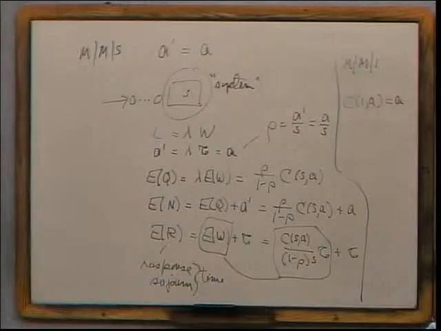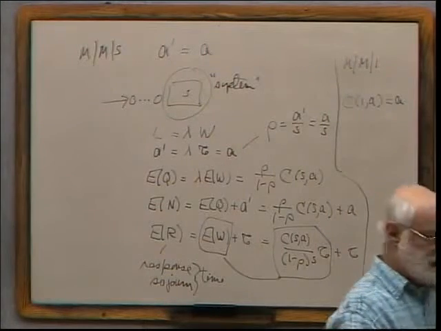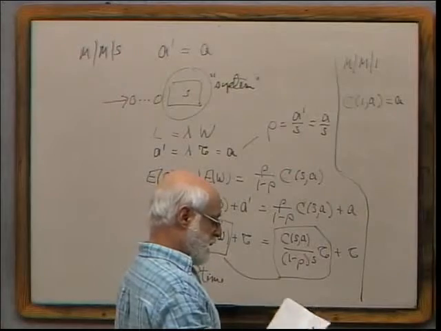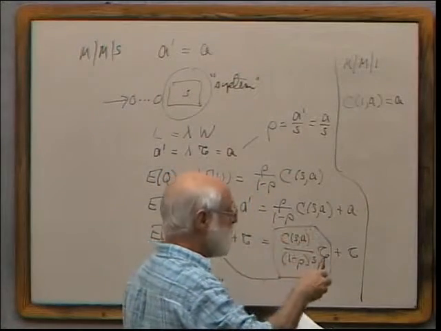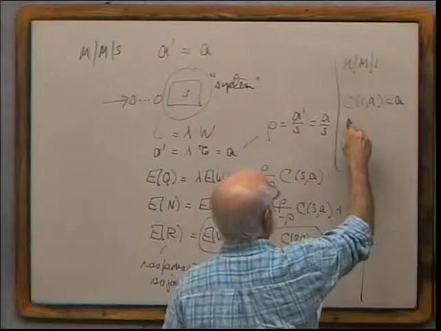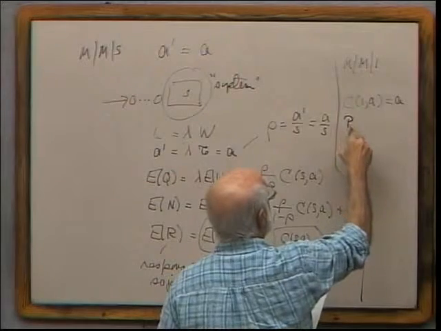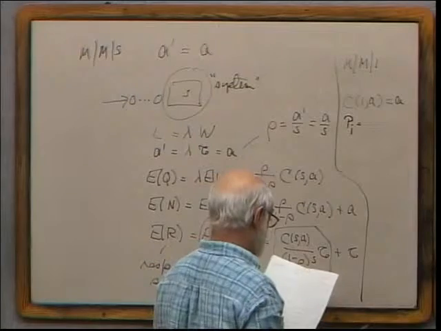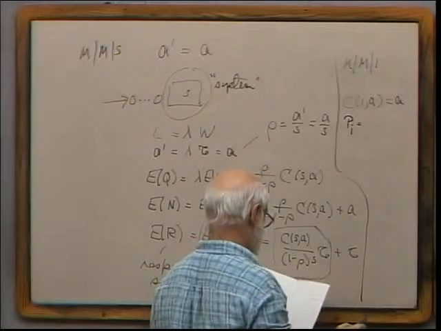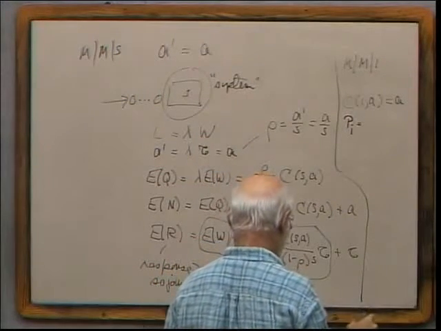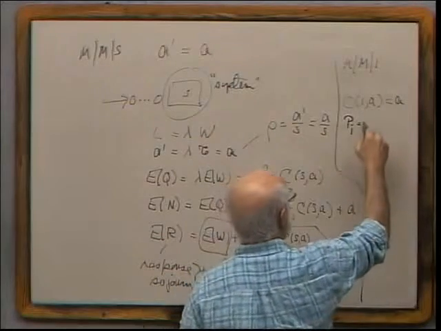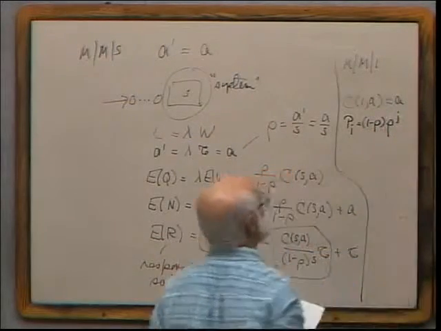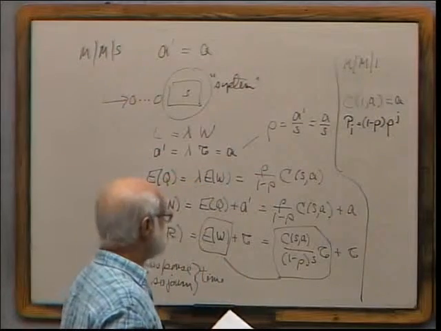Running low on ink here. It also happens that for the MM1, the state probabilities simplify to the geometric, which is that Pj is equal to 1 minus rho, rho to the j. Okay, this is just an observation.